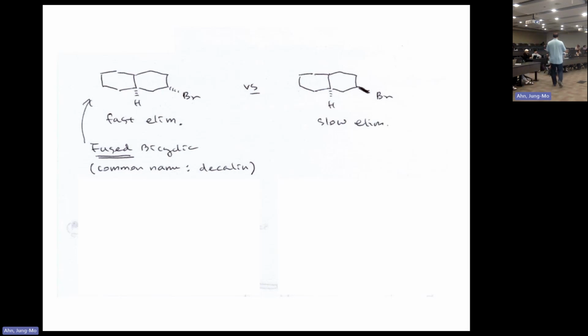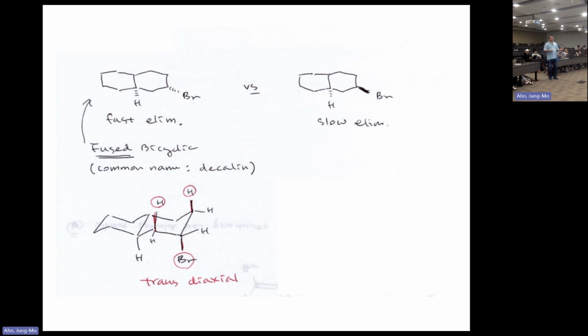For E2 elimination reactions, anti-coplanar conformation is really critical. So we're going to show the most stable conformation of this one and that one. How do you draw the chair conformation of the fused bicyclic? This is going to be a chair, that's going to be a chair. So this chair, that chair, you put them together, sharing this bond. That's going to be the most stable conformation of decalin.